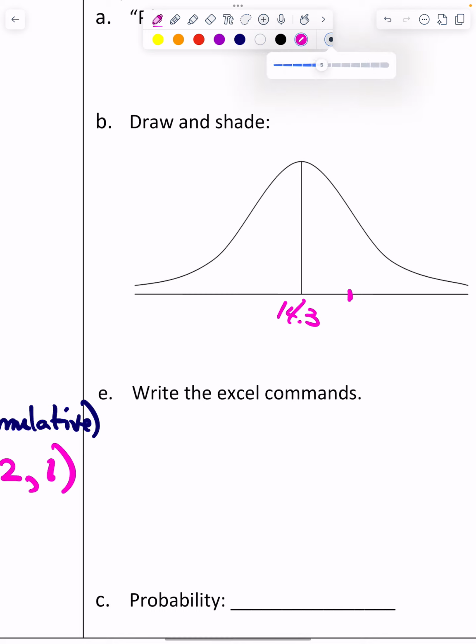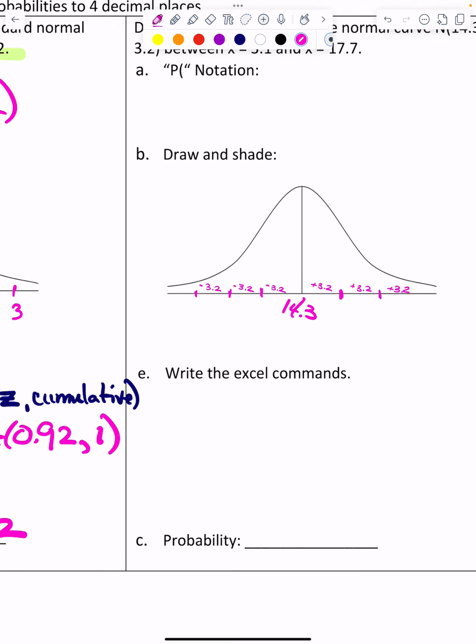Let's see if I can do a little better here. So there's one standard deviation, there's two, there's three, and going the other direction, we are subtracting a standard deviation. So to the left, when I counted 1, 2, 3, this time I am actually adding the true standard deviation.